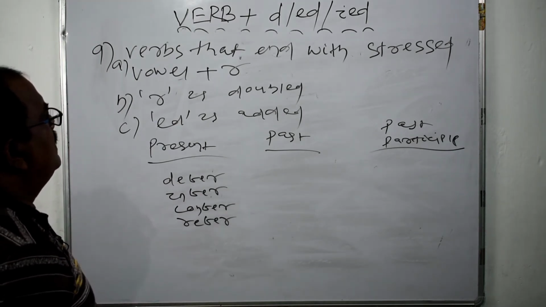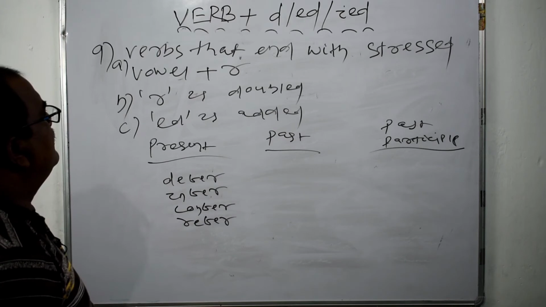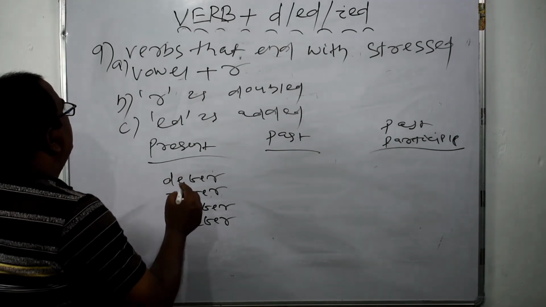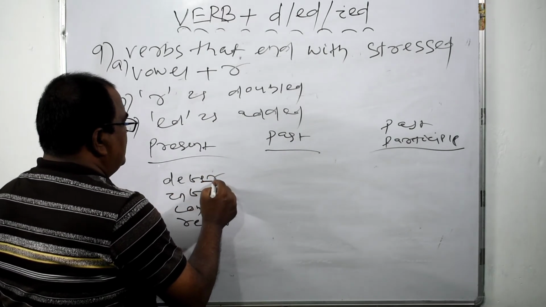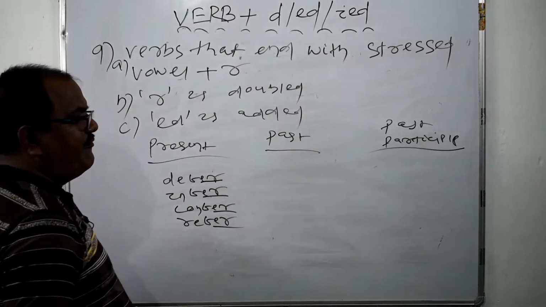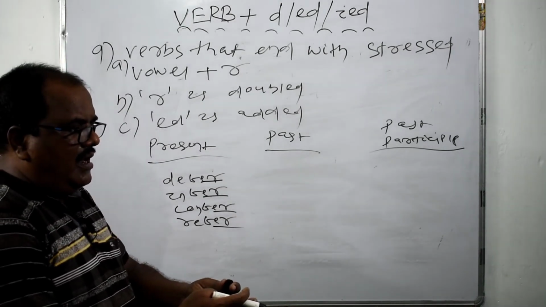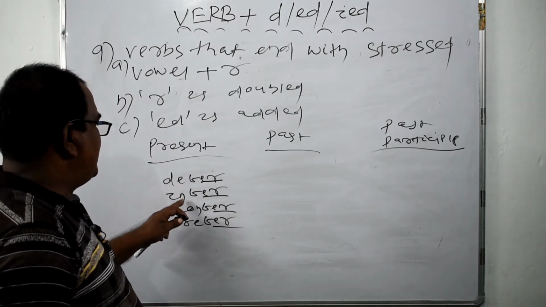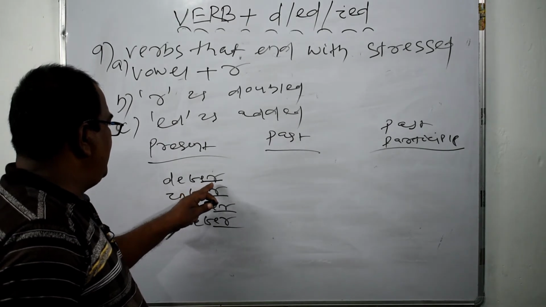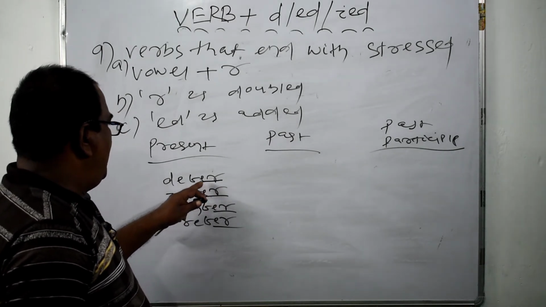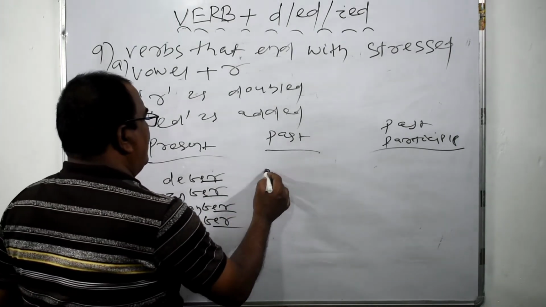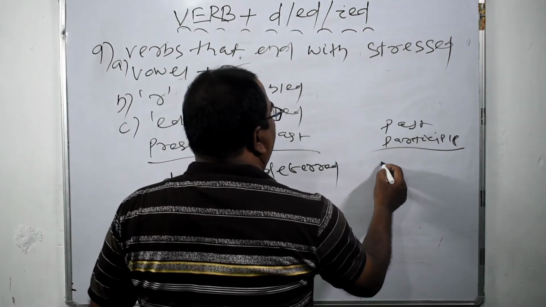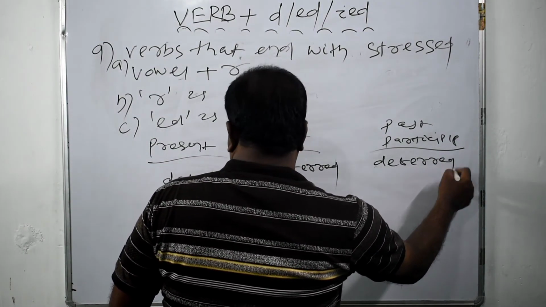Look at the verbs in which each verb ends with stressed vowel with R. Defer, long and loud voice. De-fer, the first syllable is unstressed, but here the second vowel E is stressed. Therefore, the last letter, last R is doubled. Defer, deferred.